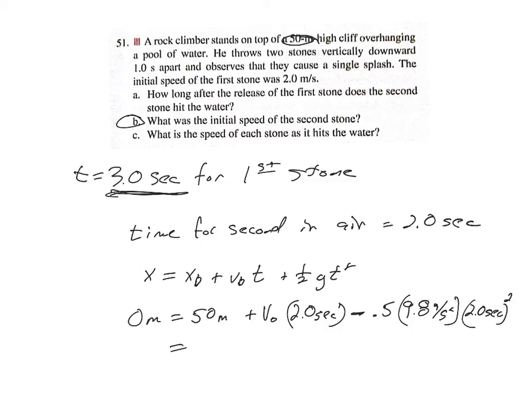So let's get an answer for that final part. 2 squared is 4, times 9.8, times 0.5.